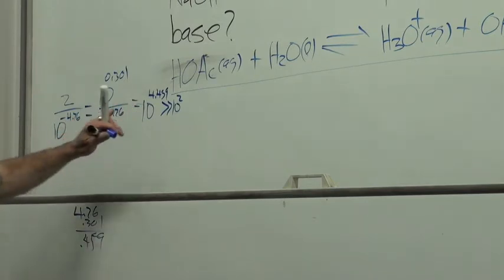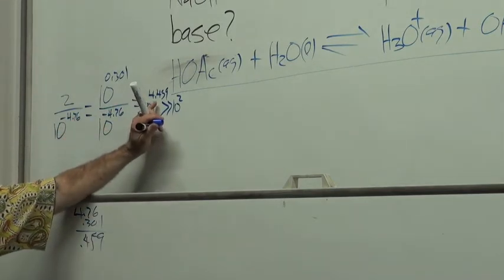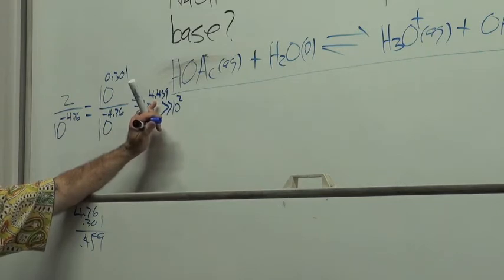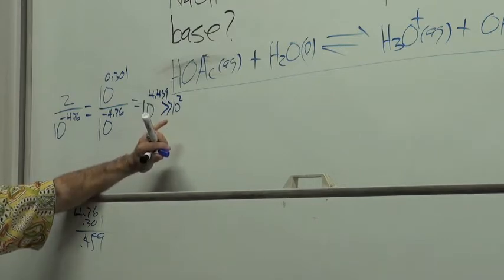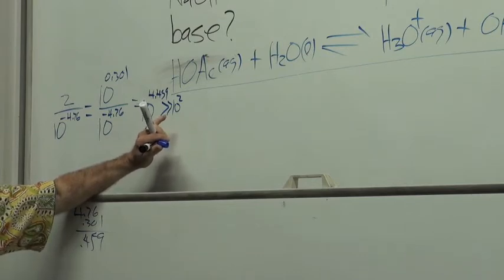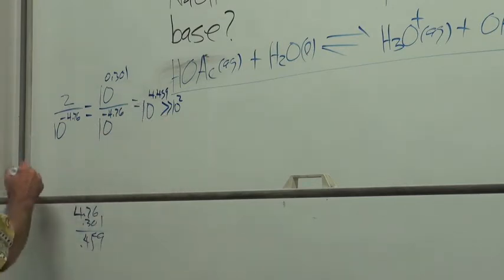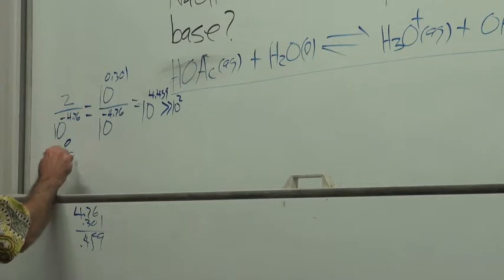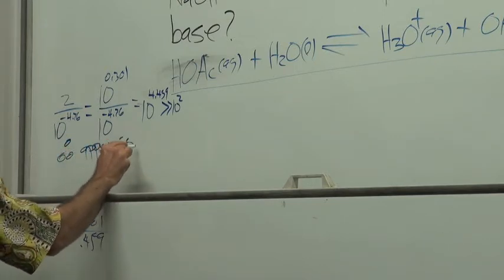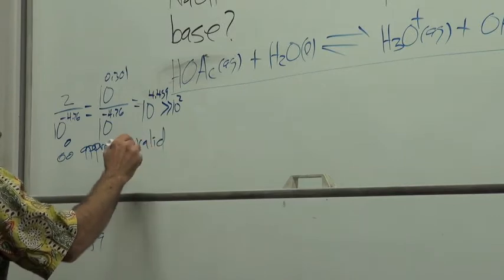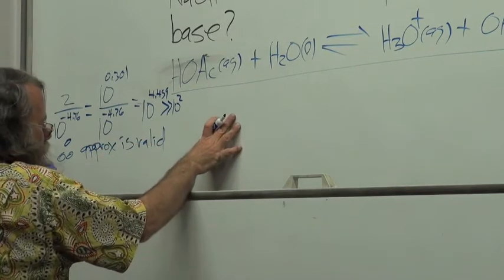Actually, it's closer to what? 0.459, awful close to 3, isn't it? So it's around 30,000. 30,000 is bigger than 100, so our approximation is valid. Okay. So therefore, the approximation is valid. And now I'm going to hit the ICE.